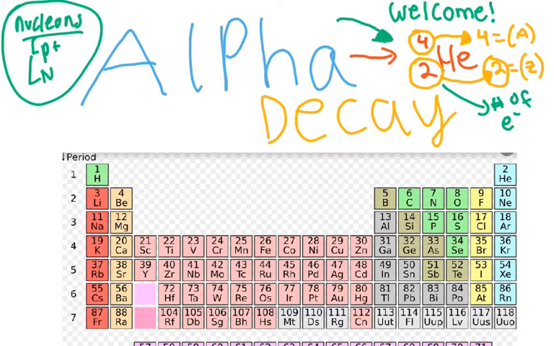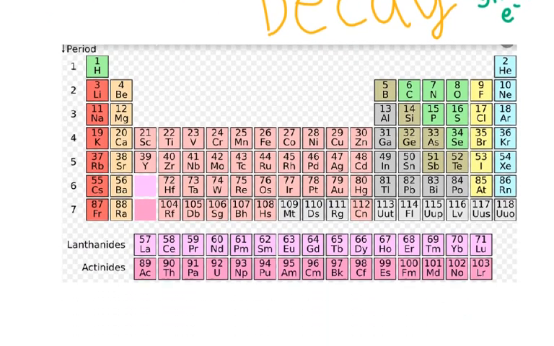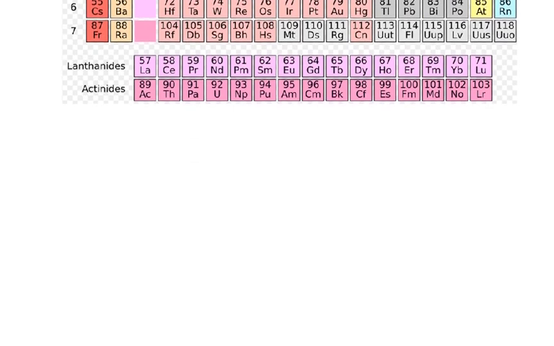Now that we know that, let's see 2 examples in this video that involve alpha decay. Let's start off with uranium-238. Let's write that down. We have a periodic table here for reference.